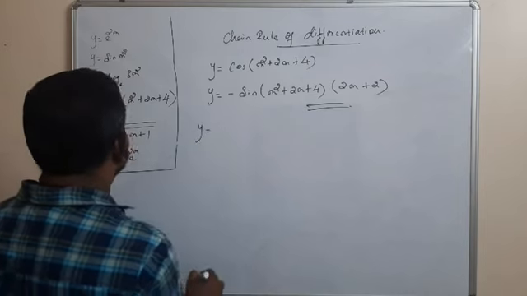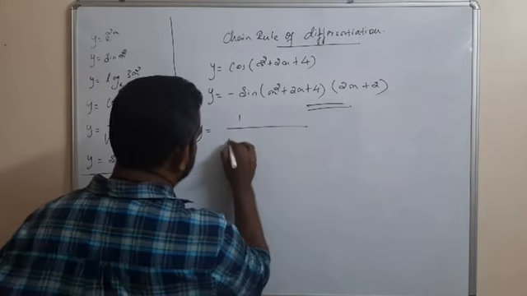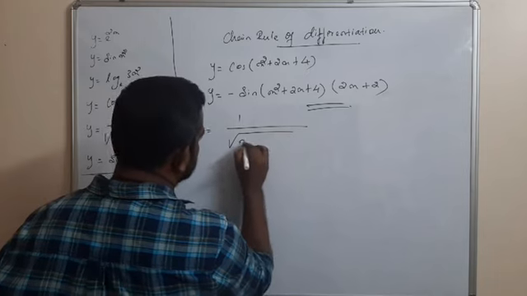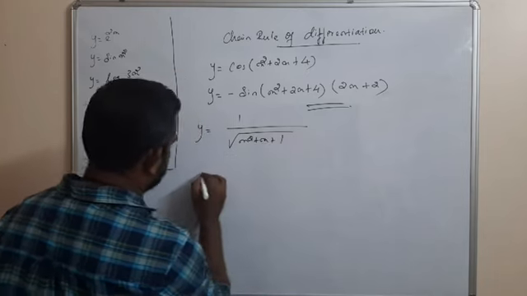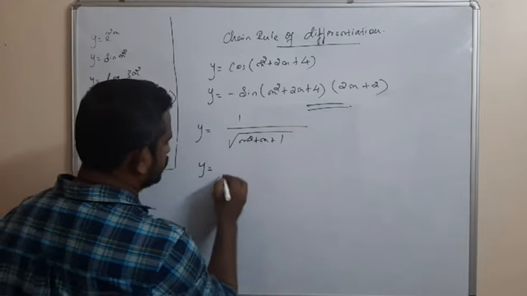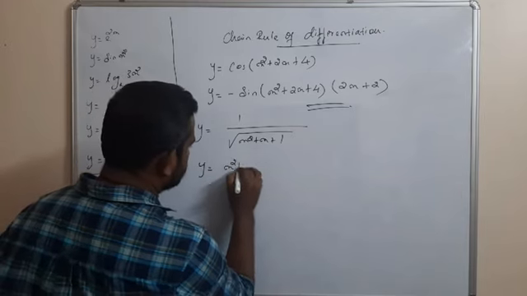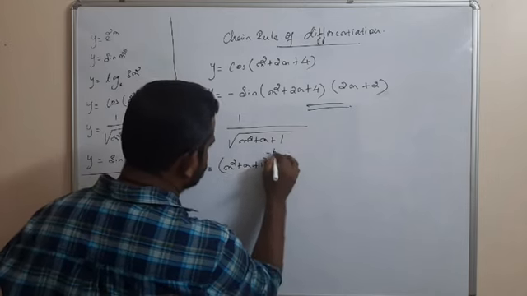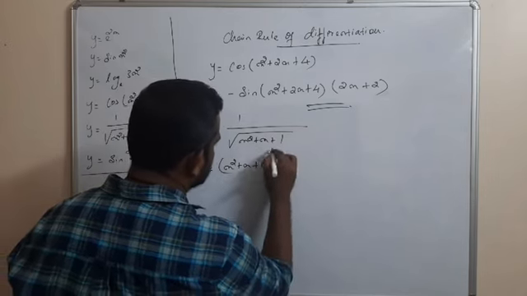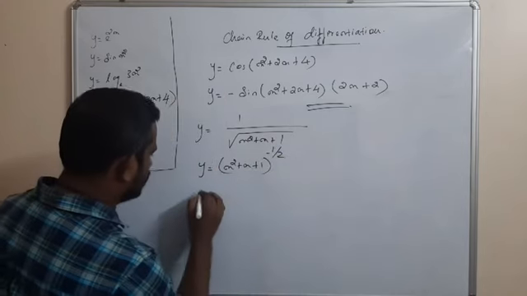Then y is equal to 1 divided by root of x square plus x plus 1. So we can write y is equal to x square plus x plus 1 the whole power minus 1 by 2.